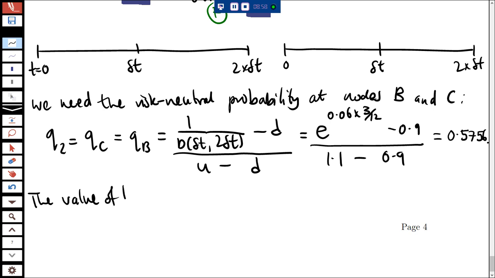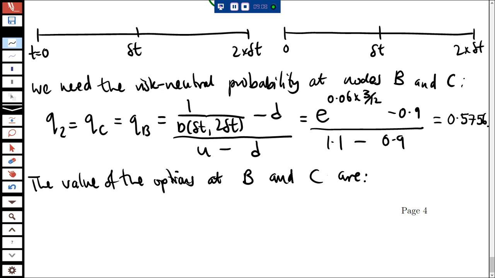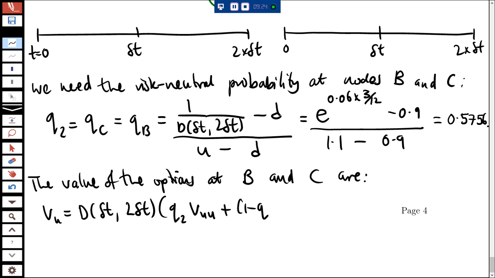So the value of the options at B and C are, so let's do that next. This is straight off the formula sheet. It's the weighted average, and then we discount it to the 3-month time period, which gives the following.